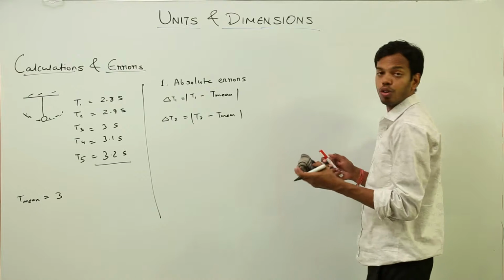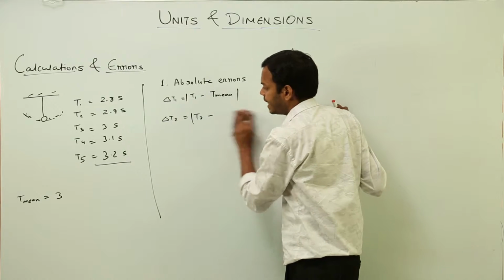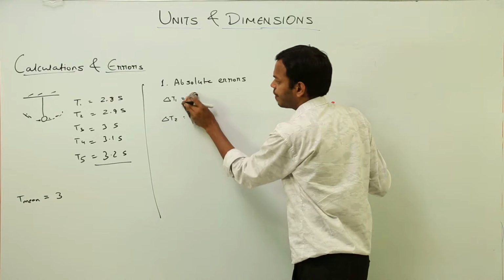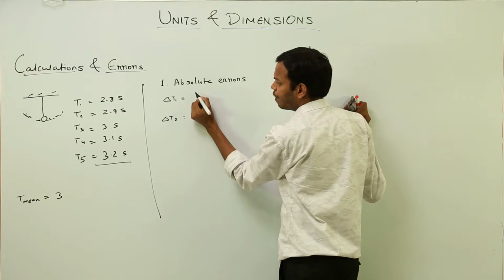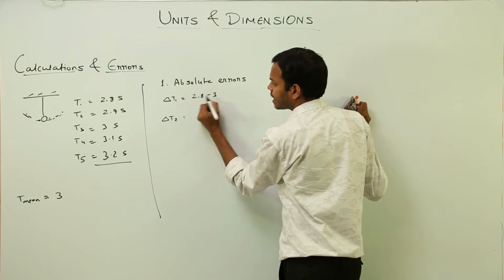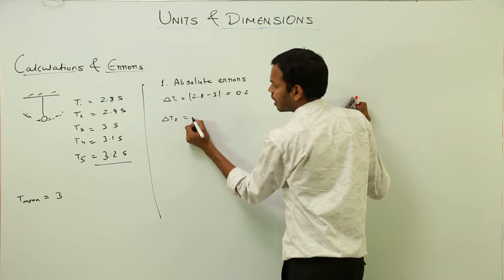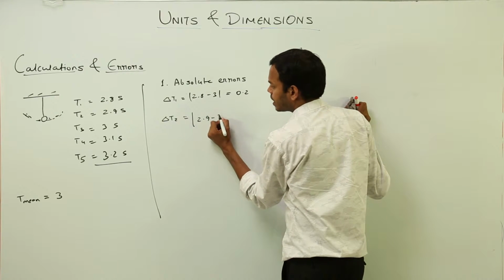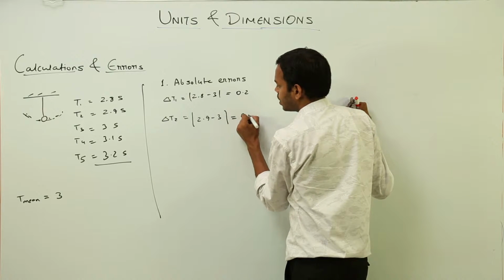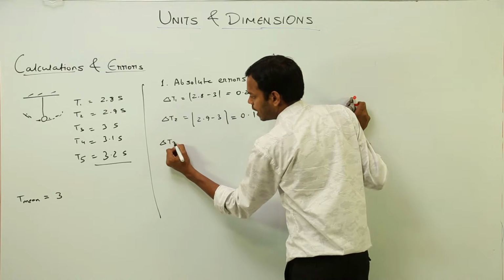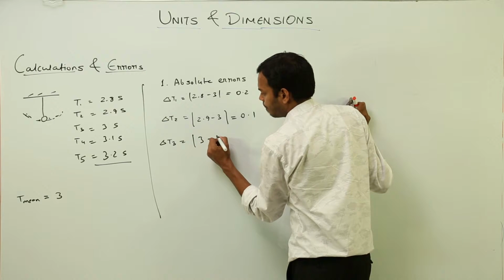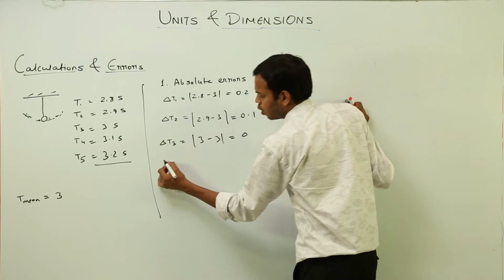So now I am not going to write the formula, I will directly write the answer. Delta T1 would be modulus of 2.8 minus 3, which is 0.2. Then delta T2 is modulus of 2.9 minus 3, which is 0.1. Delta T3 is 3 minus 3, which comes out to be 0.